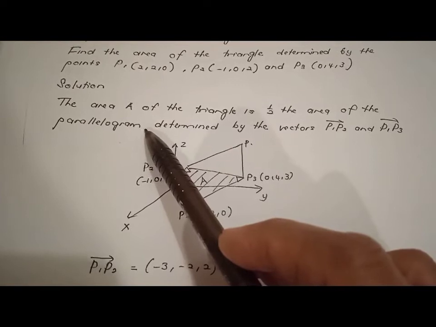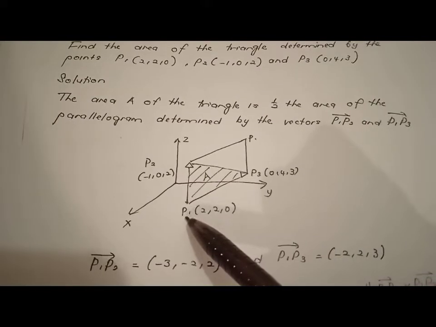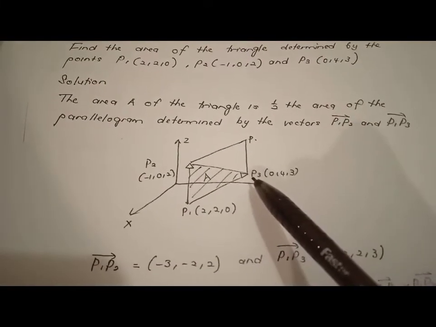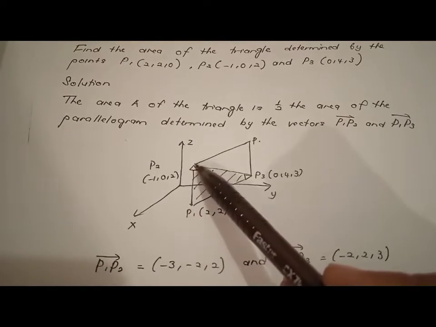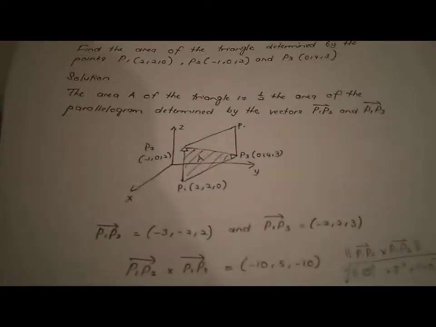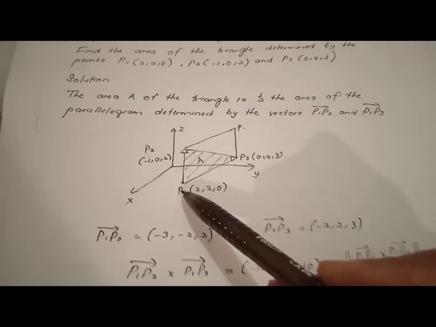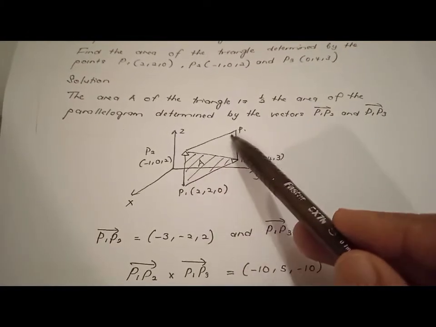So the area of a triangle covered by these 3 points is given by this. So this is P1, P2 and P3. So this is line P1 to P2 and line P1 to P3, and the parallel of the lines, parallel of the line P1 to P3 and P1 to P2, is given by this line.